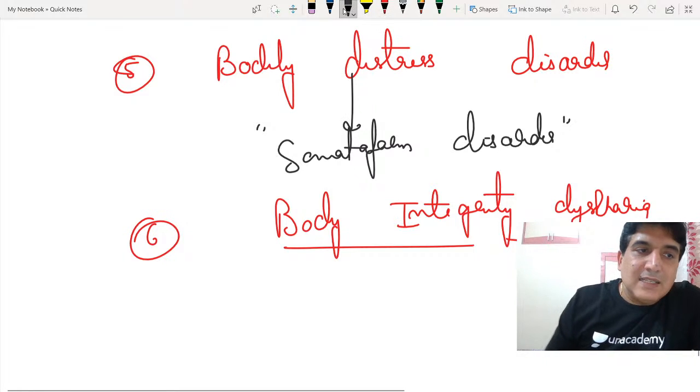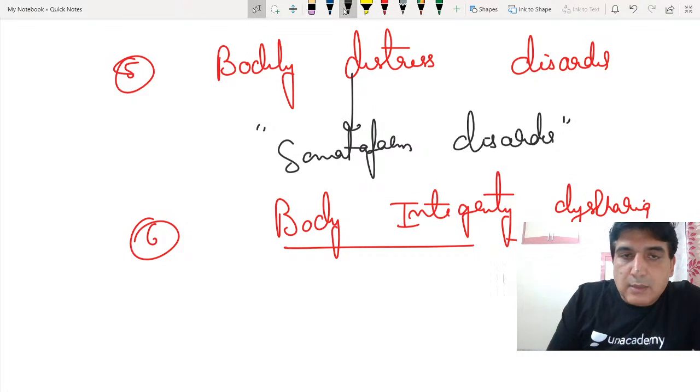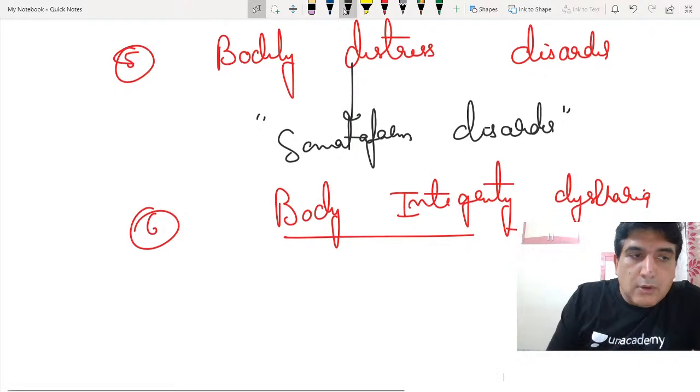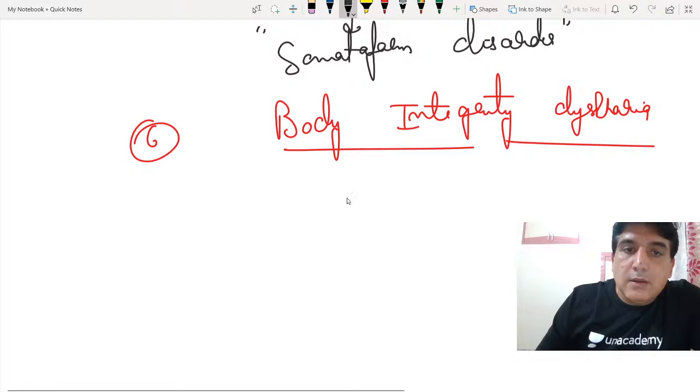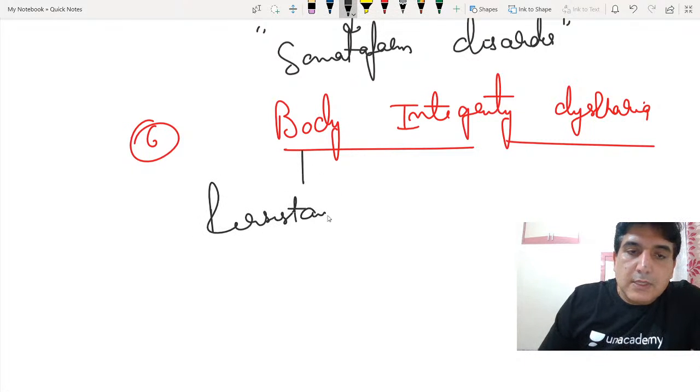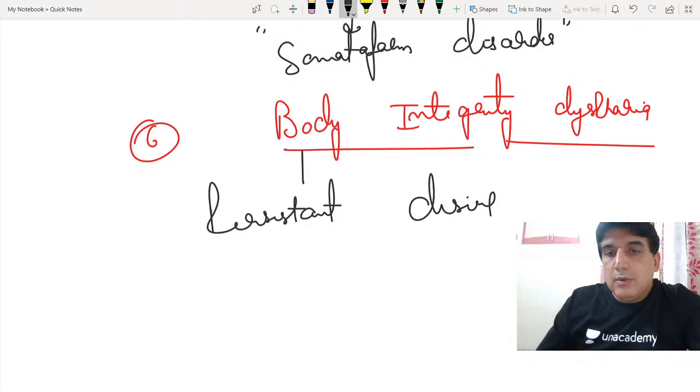In body integrity dysphoria, the person doesn't like some of their own non-disabled body part, and has a persistent desire to become physically disabled.